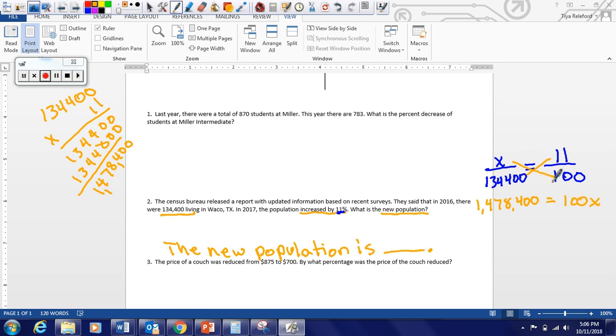And 100 times x, 100x. Now I have an equation to solve. It's like my proportion doesn't exist. I don't care about it anymore. I am now working on this equation. I am going to divide by 100, which means I can cross out these last two zeros. And that means every number divided by 100 is just itself, or I'm sorry, by 1 is just itself.